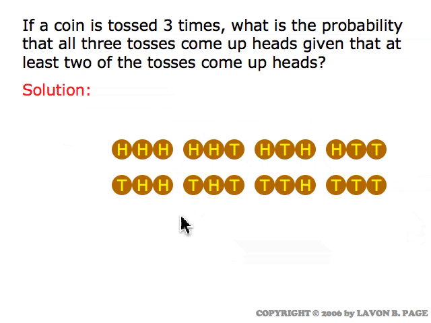Why is it 8 possible outcomes? Well, each time you toss the coin, it's either going to come up heads or tails. That's 2 possibilities. 2 possibilities for toss number 1, 2 possibilities for toss number 2, 2 possibilities for toss number 3. 2 times 2 times 2, the multiplication principle, gives us 8 possible outcomes for this experiment, and the 8 outcomes are shown right here.